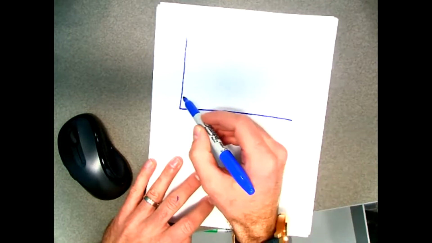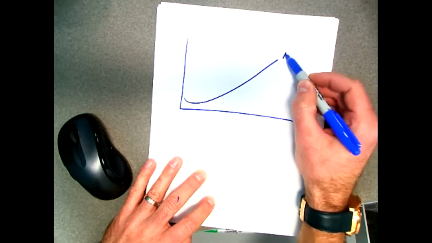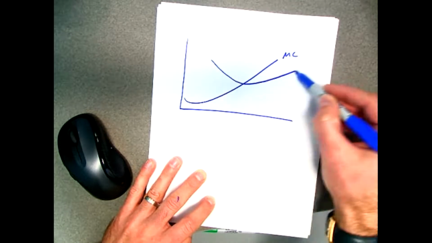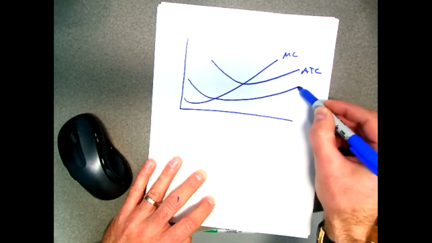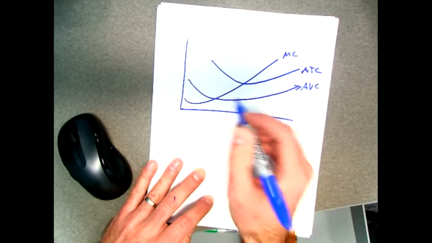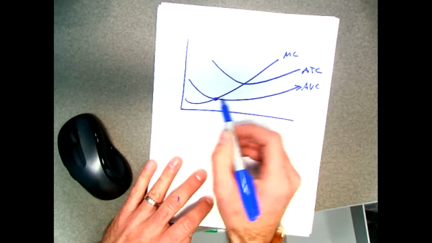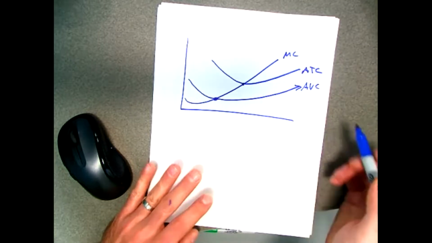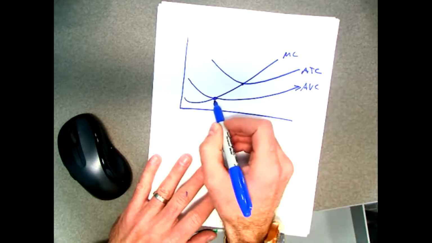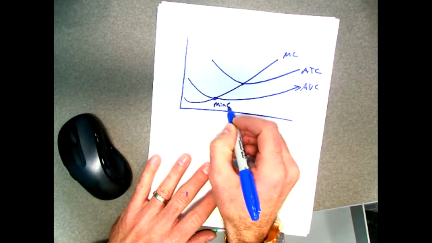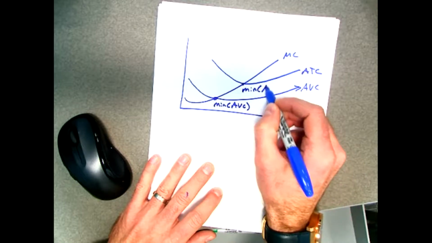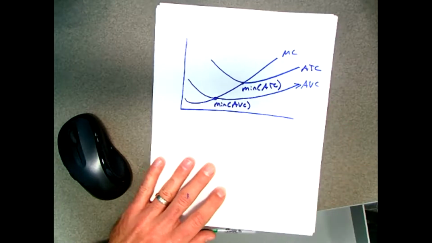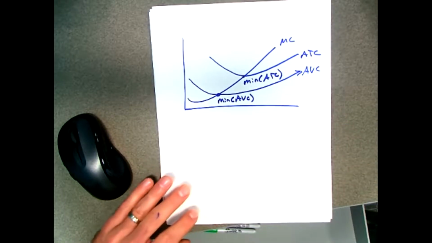So one thing that we know to be true is that my marginal cost is going to hit my average variable, and I didn't draw this one very well to scale. This should be the minimum point of average variable. I drew this poorly, I apologize. But the marginal cost should intersect average variable and should intersect average total costs at its minimum point, okay?